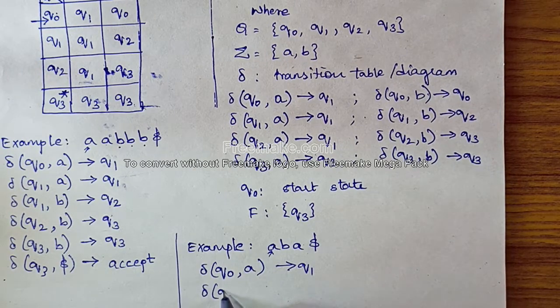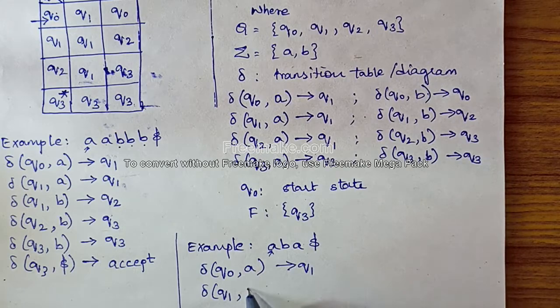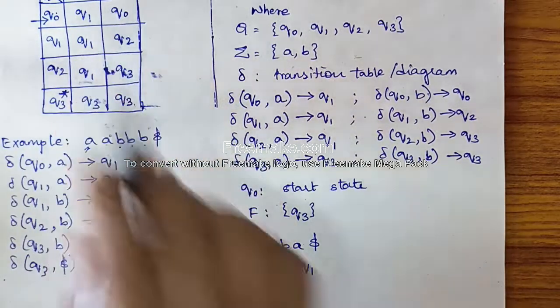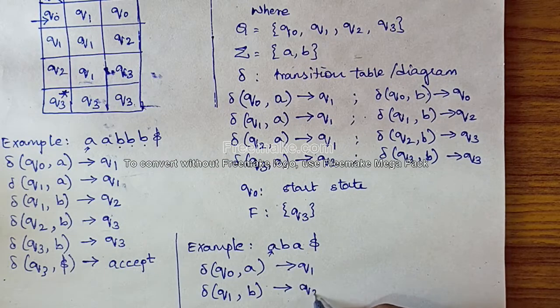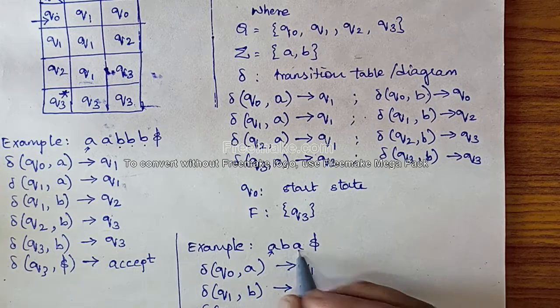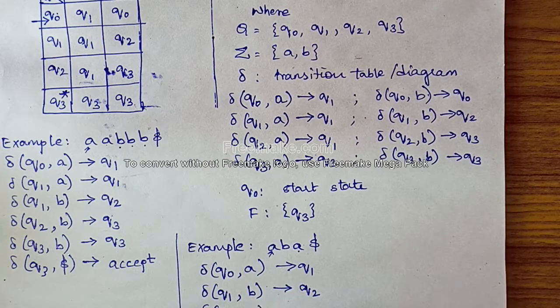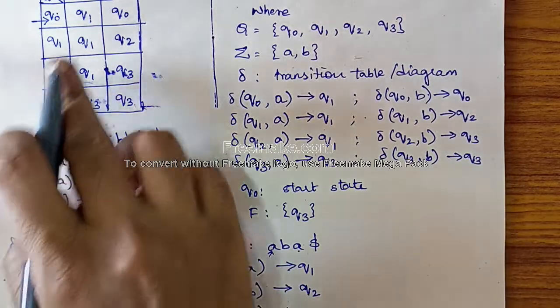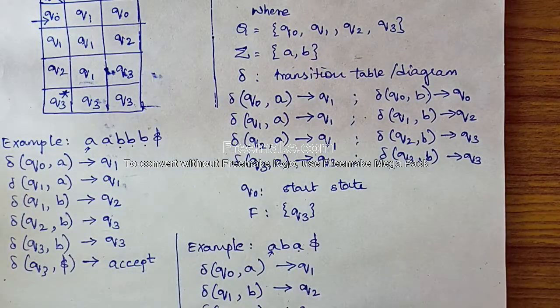Now I'm in Q1 state. I read the next symbol B. Q1 on reading a B goes to Q2. Q2 on reading the next input symbol A, Q2 on reading a A goes to Q1.